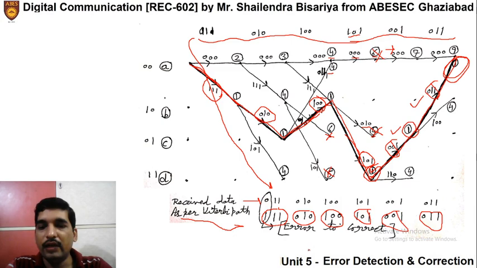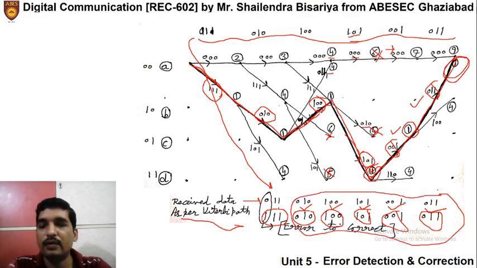Now we will compare the two, that they should be same, and you can see here that 0 1 0 is same as 0 1 0, 1 0 0 is same as 1 0 0, 1 0 1 is same as 1 0 1, 0 0 1 is same as 0 0 1, and 0 1 1 is same as 0 1 1. So up to this point there is no error, it is received correctly, right?